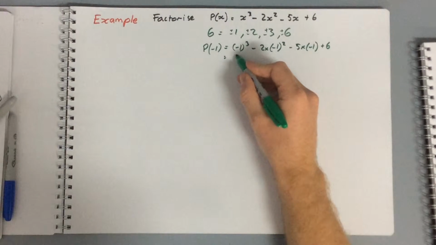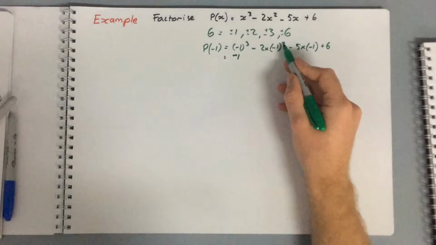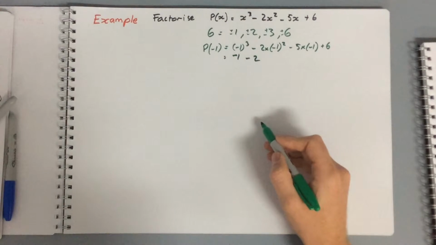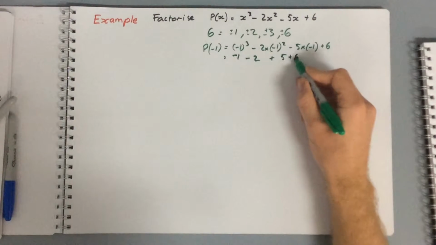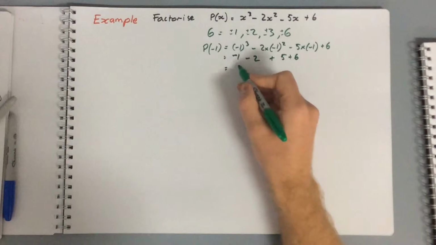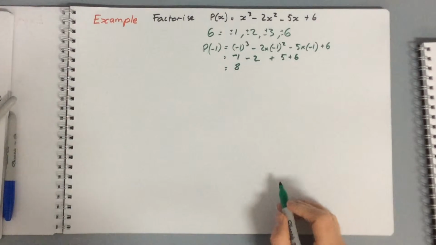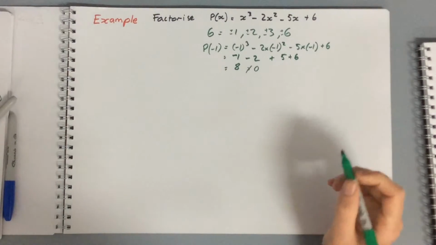Minus 1 cubed is minus 1. 2 times, this will be positive 1, so minus 2. Take 5 times minus 1 becomes plus 5, plus 6. So 11, take 2, take 1, should give us 8. It's not equal to 0, so minus 1 is not a factor.